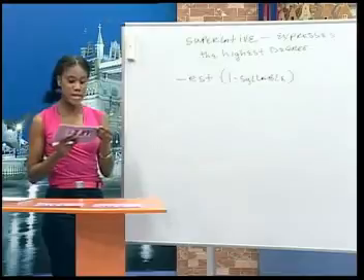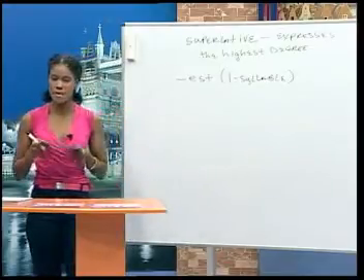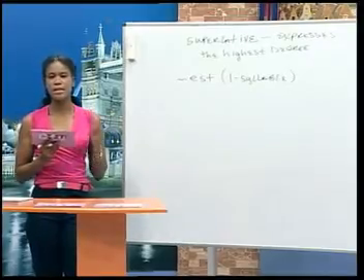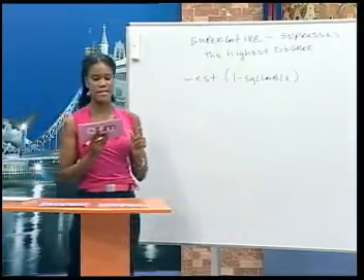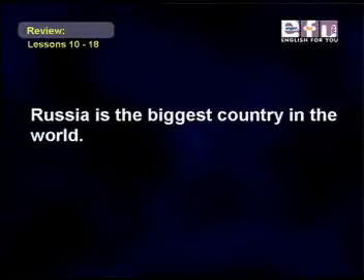Now, of course, for some one-syllable adjectives, the consonant is doubled, like in the comparatives. So when the word ends in a vowel and a consonant, you double the consonant. For example, Russia is the biggest country in the world.